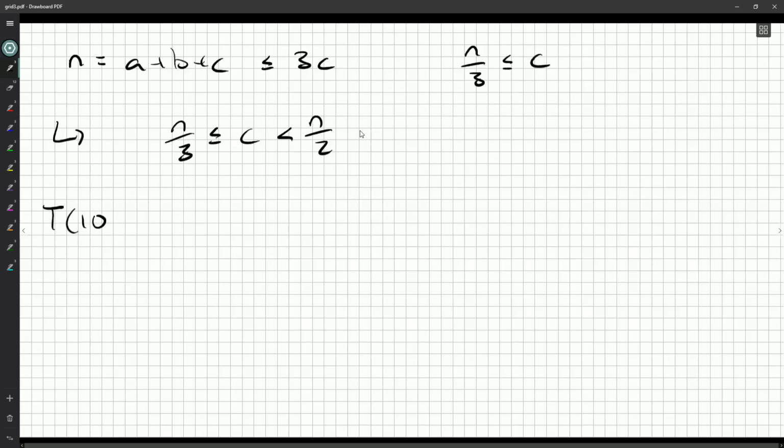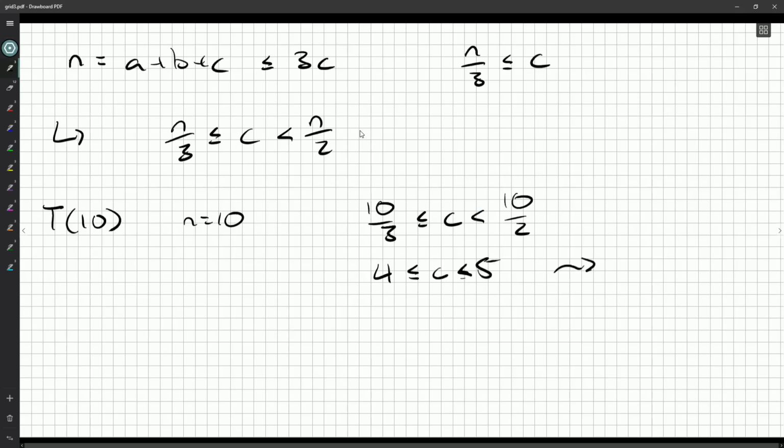So we want, what, T is 10, so n is 10. And so C has to be, it's a less than sign, so C is between 4 and 5. So C's got to be equal to 4, so that's pretty nice.